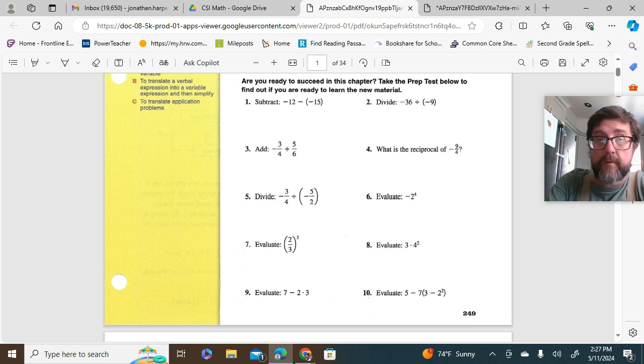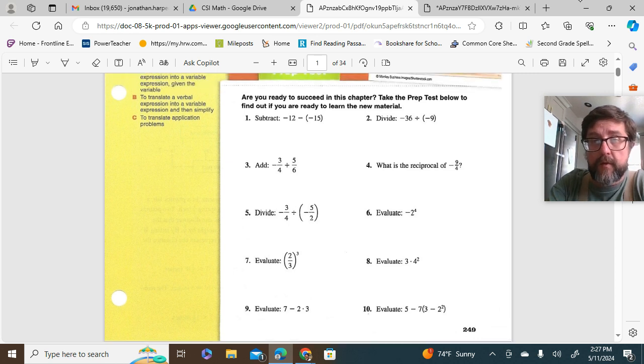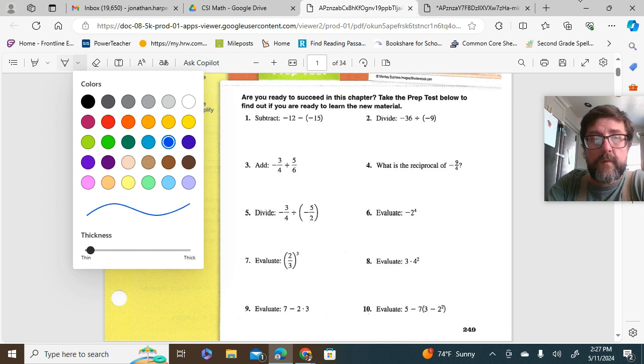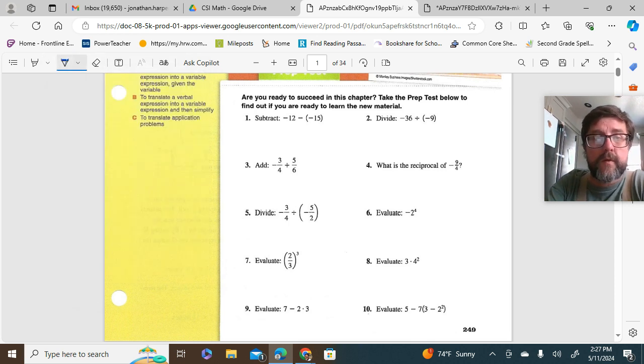Now the two negatives become a positive, so it's negative 12 plus 15. We could put them both to their absolute value, which would be 12 and 15.